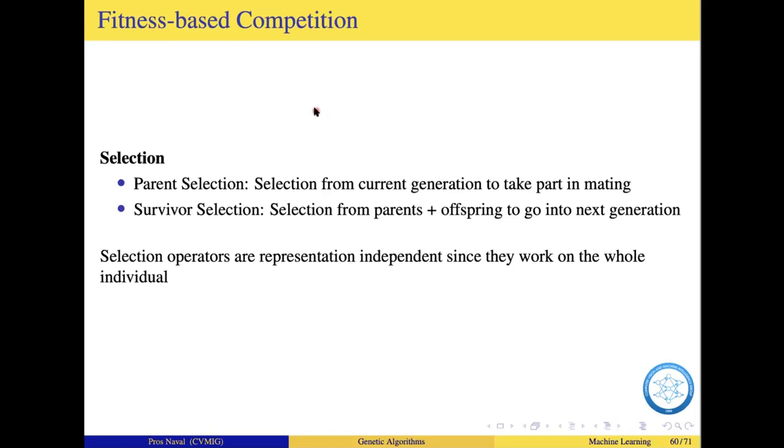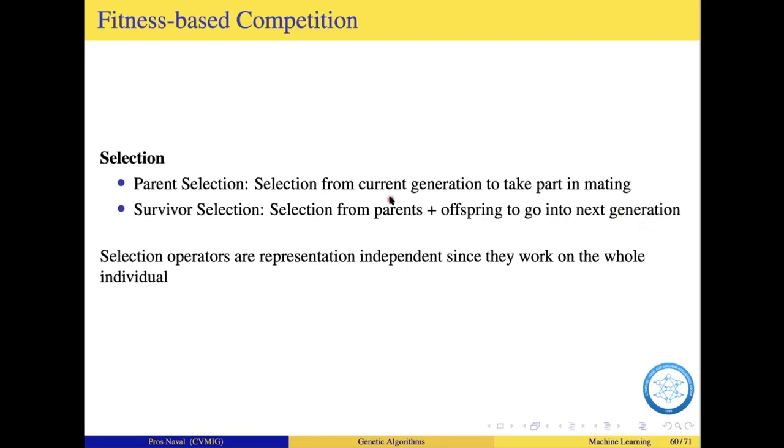Fitness-based competition. There are two selection mechanisms. One is parent selection, where the selection is from the current generation that will take part in the mating process. So how do you select the parents that will mate in the current generation? That's called parent selection. For survivor selection, we select from the parents and offsprings to go into the next generation.